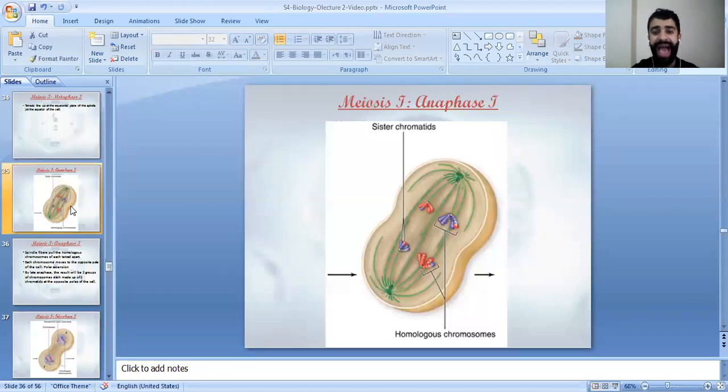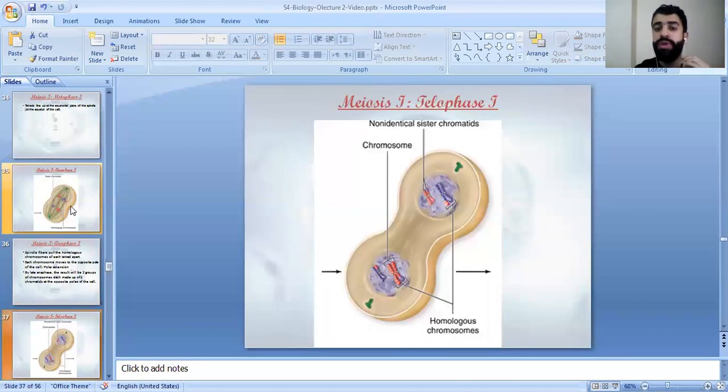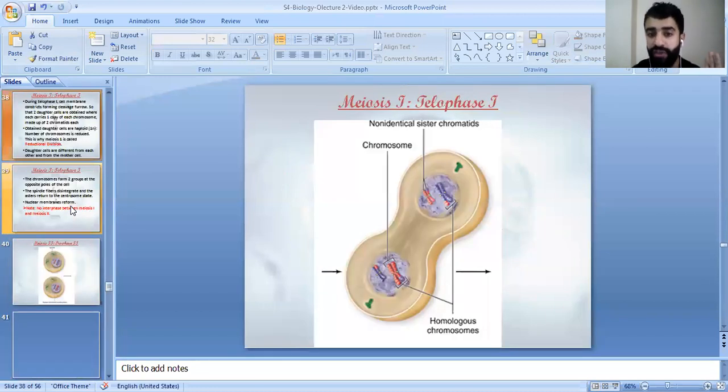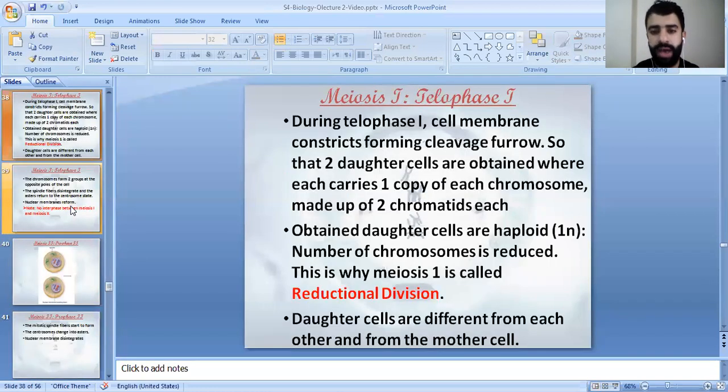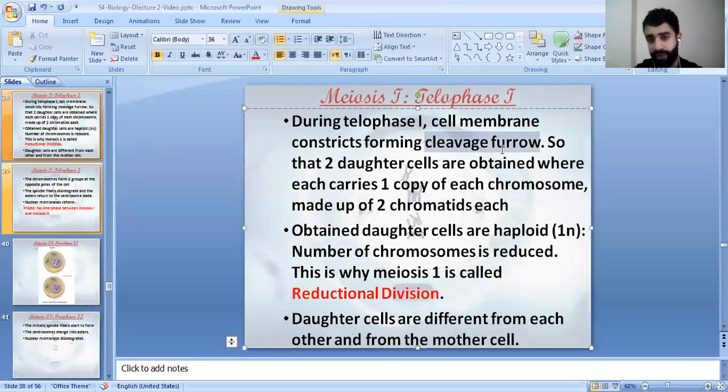Finished with anaphase, and then we move to telophase. During telophase, the cell membrane constricts, forming what is known as cleavage. For all of them the events are the same, but they differ in 1 or 2 events. So the 2 daughter cells each carry 1 copy of each chromosome, each made up of 2 chromatids.